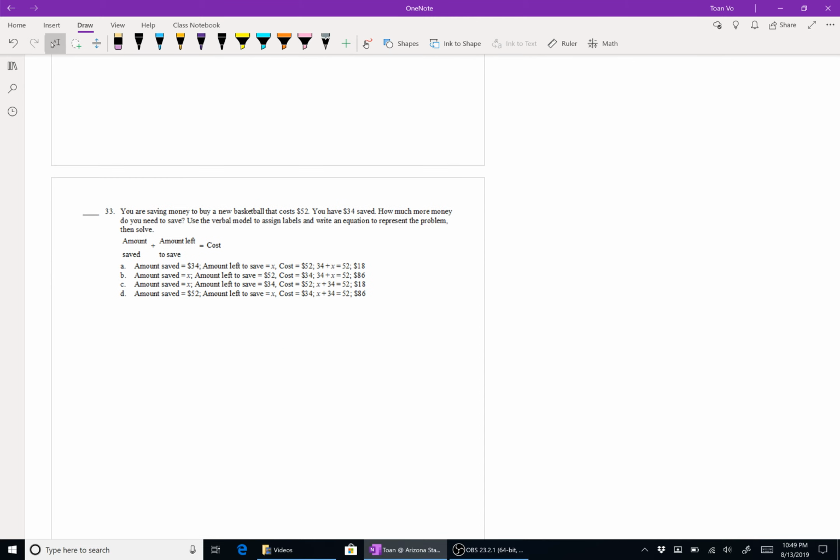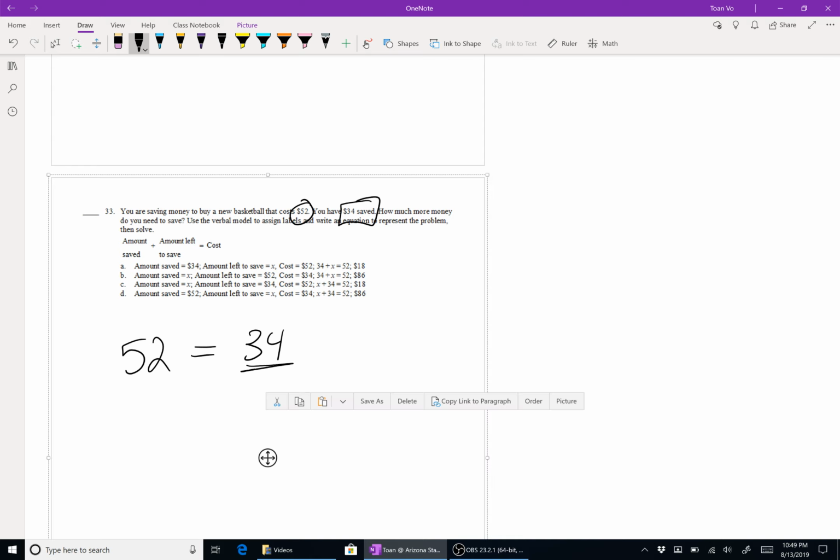Here, you're saving money to buy a new basketball that costs $52. So that's the total cost, and you have 34 saved. So if it costs $52, you already have 34 saved. How much more money do you need to save? Well, that's simple. If I have 34 saved, I'm going to save more. That's addition.